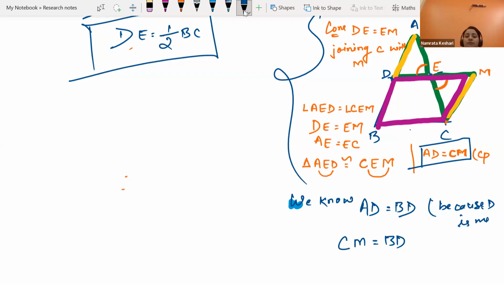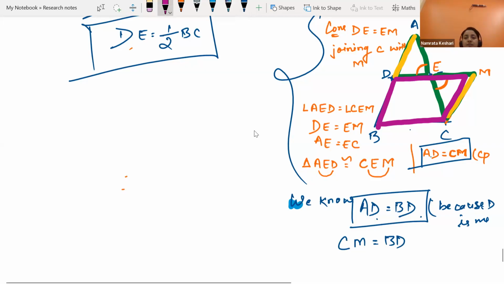Yes or no? Can you see these two rectangular boxes? AD is equal to BD because D is the midpoint, and AD is equal to CM. These two yellow color lines are the same. Then we came to the conclusion that CM and BD are equal in length. Yes or no? Everyone getting it? I'll summarize, don't worry. So CM and BD both are equal in length.